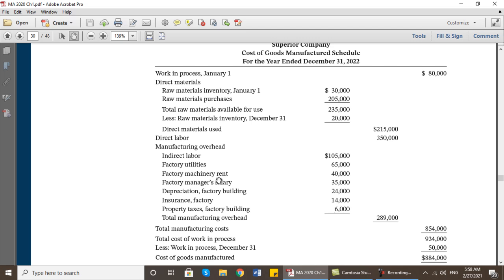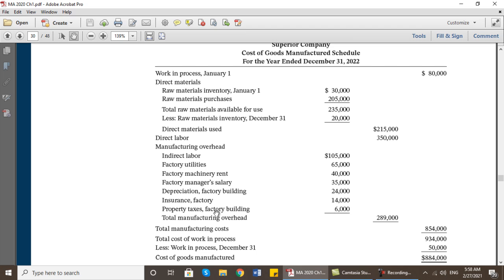This is rent for factory machinery. As you learned in intermediate, leasing is very normal in business today. Factory manager's salary, depreciation of factory building, and insurance for the factory are considered manufacturing overhead.